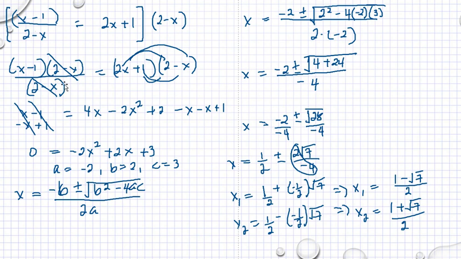Next time, I almost forgot to tell you what I'm going to do next time. Next time that I'm going to do a series of videos is the discriminant of a quadratic.